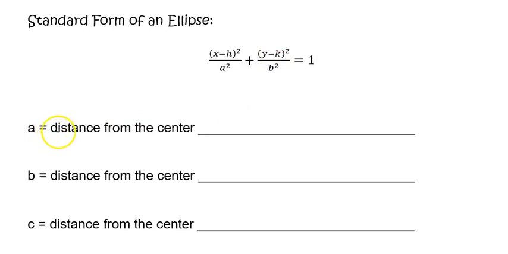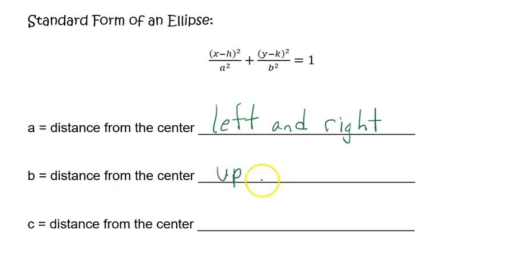For me, A is the distance from the center, left and right. So it's how far I go left and how far I go right. B is the distance from the center, up and down.